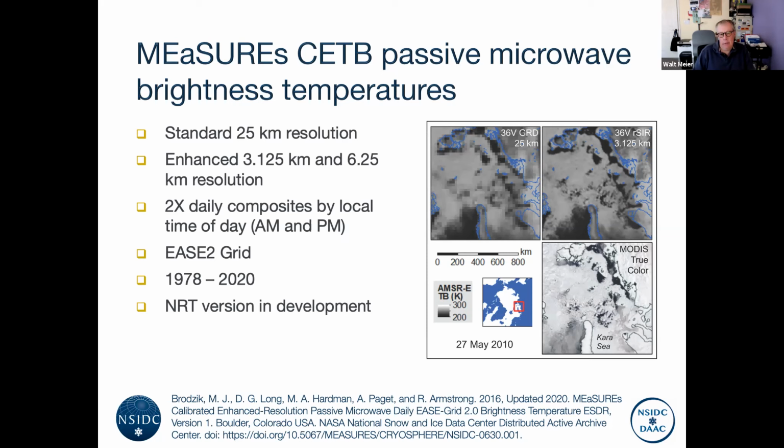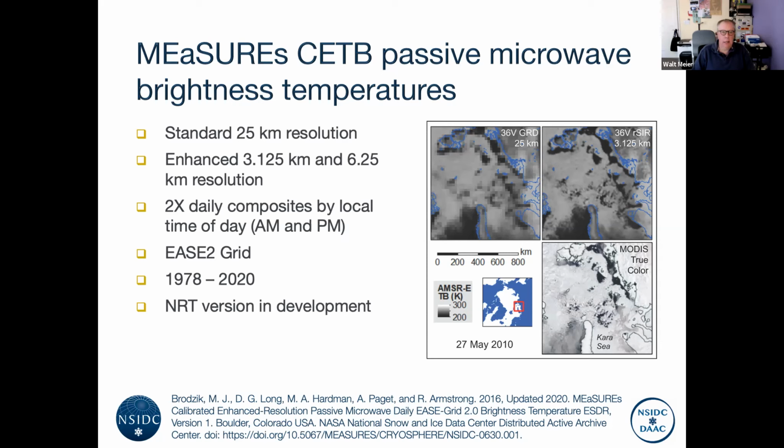That's a little different than typical composites, where they're either a daily average or averages of ascending and descending passes, so it gets closer to a more synchronous gridding. It's currently updated through 2020. Like I said, the near real time version is in development. And this is just an example, the image on the right, of what you can get with this SIR algorithm.